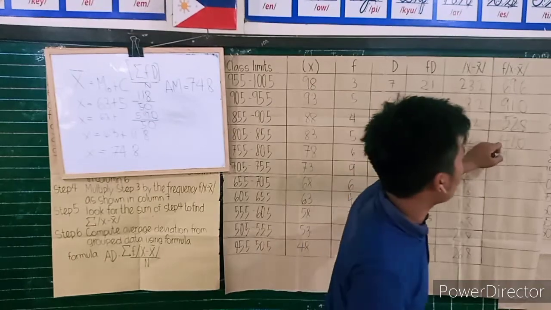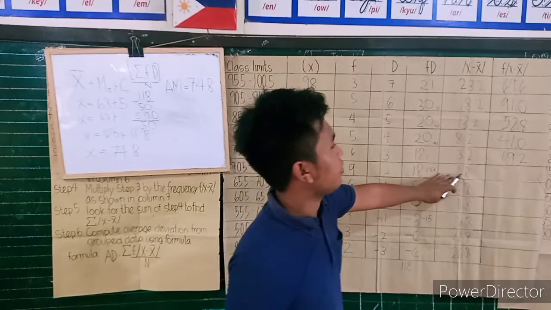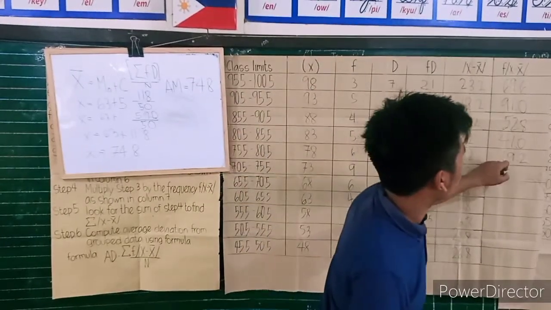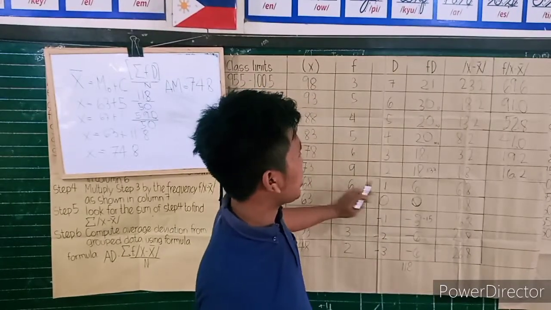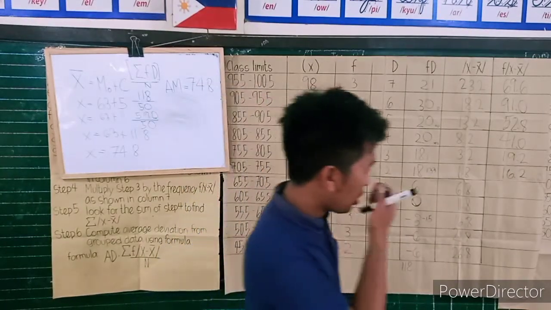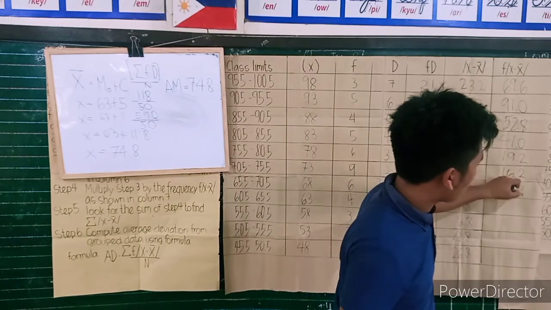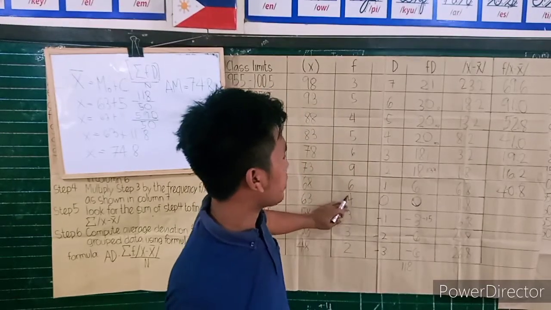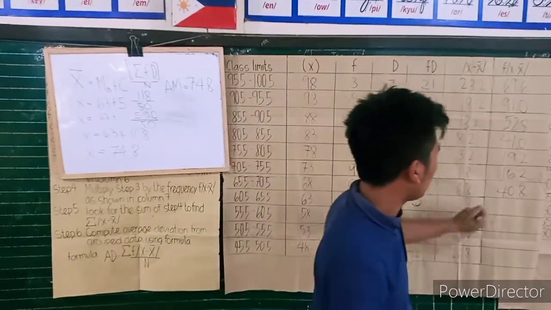We have 19.2. 9 times 1.8, we have 16.2. 6 times 6.8, we have 40.8. So frequency 4 times 11.8, we have 47.2.